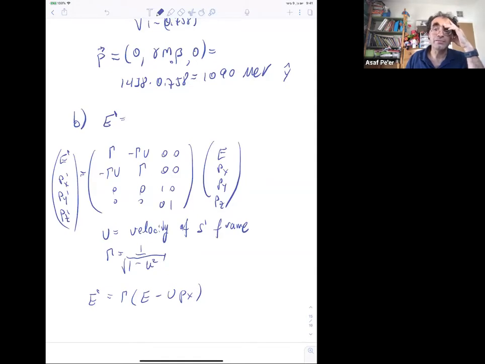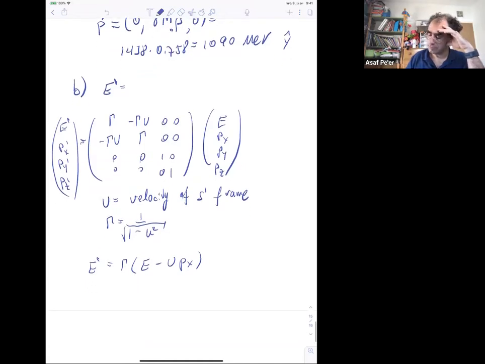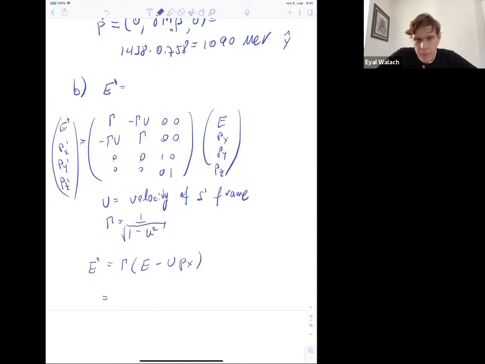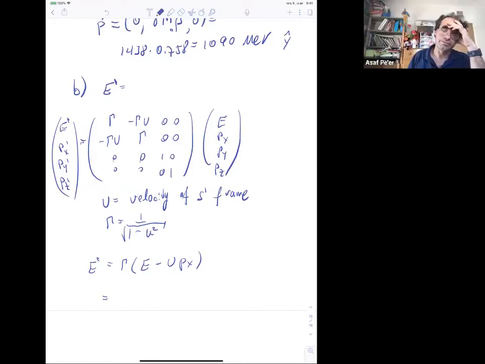What is Px? Guys, what is Px? Zero, right? This is the proton momentum in the x direction as seen in the lab frame.